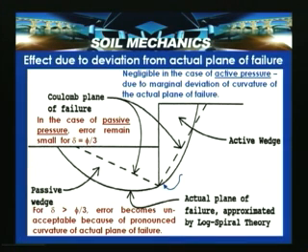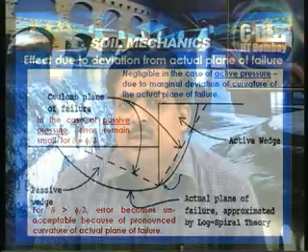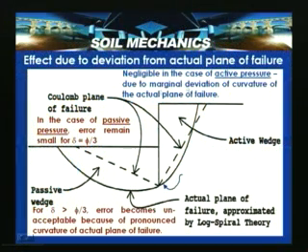Then we also discussed in the previous slide, while discussing assumptions, the failure surface which is assumed to be a plane. So in effect, due to deviations from the actual plane of failure, here a wall cross section is shown, and here according to Coulomb's plane of failure, this is indicated with broken lines. This is the active wedge, and this is Coulomb's failure surface and failure wedge.